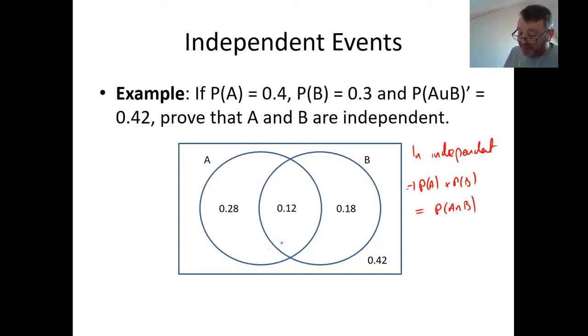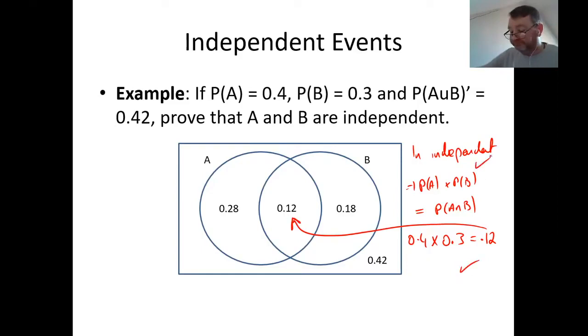What's the probability of A? The probability of A is 0.4. What's the probability of B? It's 0.3. When I multiply those together, I get 0.12. Is 0.12 the intersection? Yes, it is. Are they independent? Yes, they are.